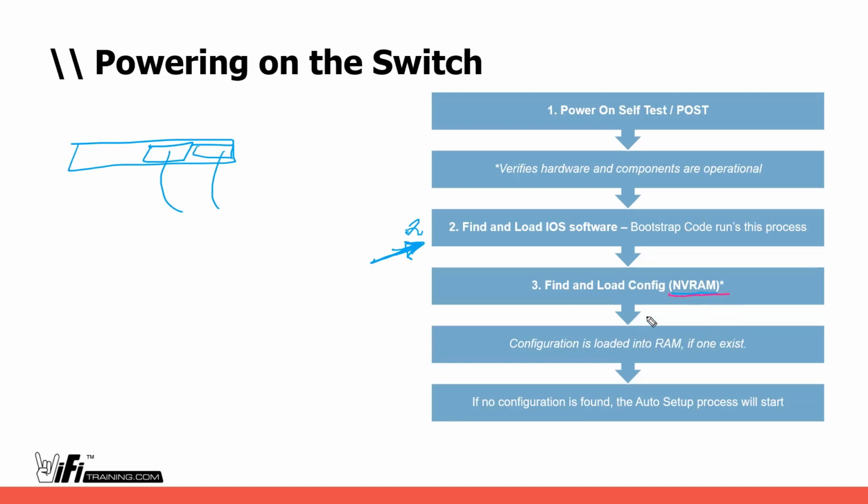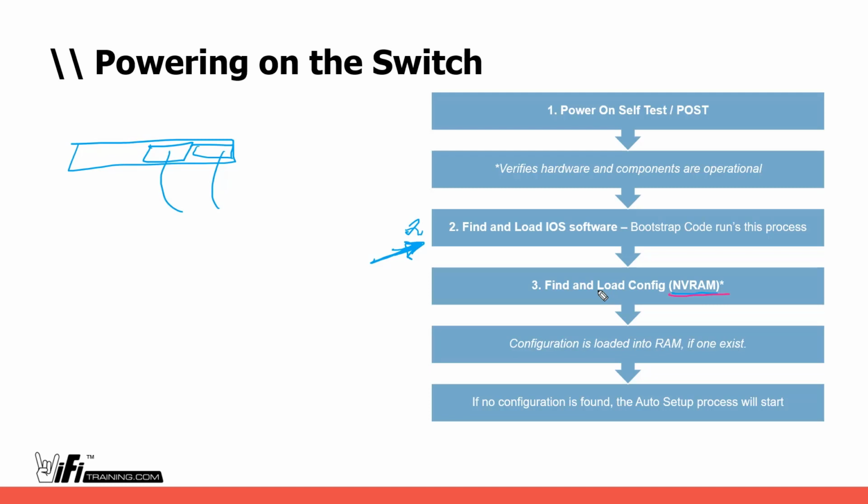Now, if there is a configuration file located in NVRAM, that means that the device has been configured at least once before, because that's where we save the configuration to. If the device has not been configured, then it would load a setup routine where you basically go through the initial setup of the switch. You're going to see this in the lab here in a minute.